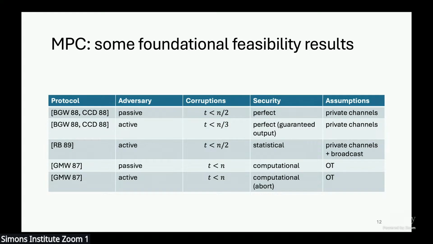With active security, there is still a slight issue that we need to relax the definition to allow the adversary to abort the protocol, potentially after learning the output of the function, leading to what we call a fairness issue, where the adversary might learn the results, while the honest parties don't learn anything. So this is kind of inevitable in the dishonest majority setting, unfortunately. So security with abort is kind of the standard definition here.